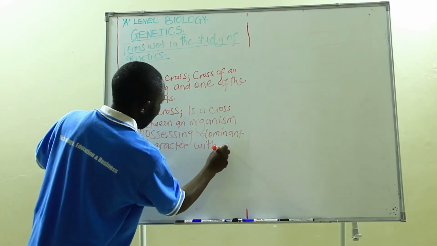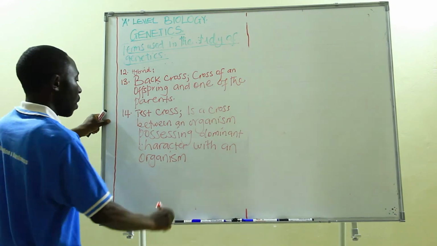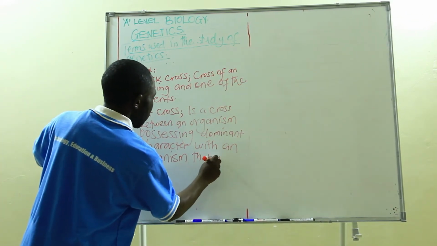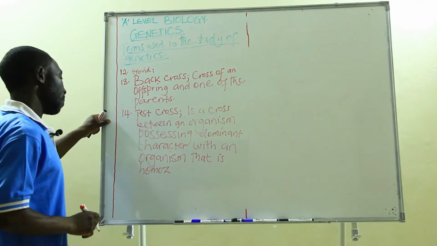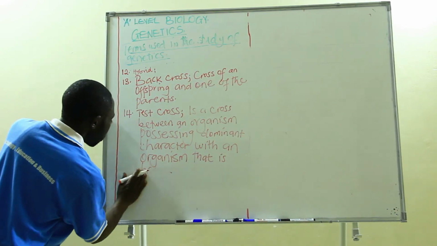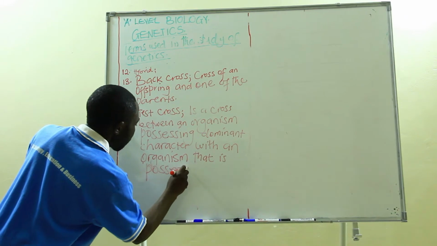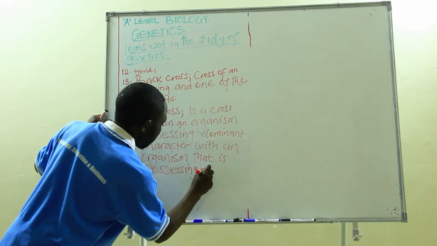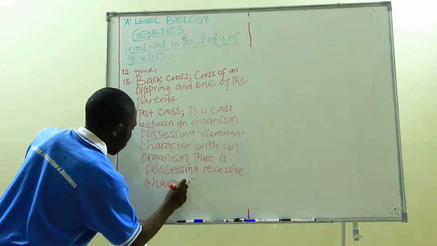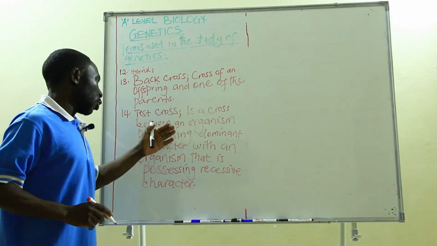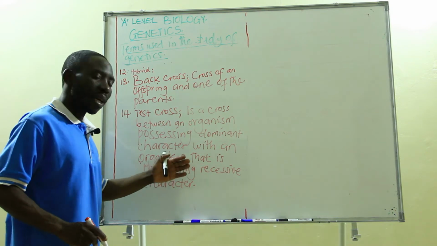A cross between an organism possessing dominant character with an organism that is possessing recessive character.